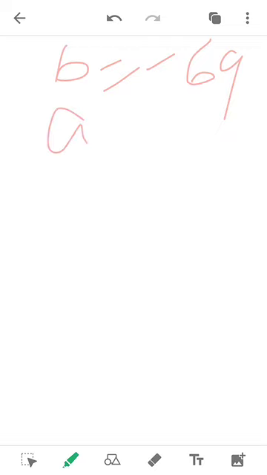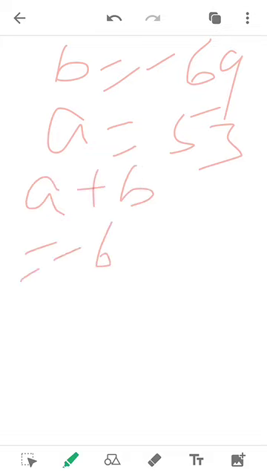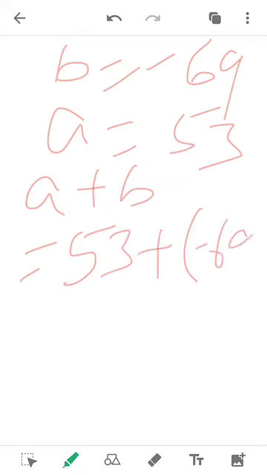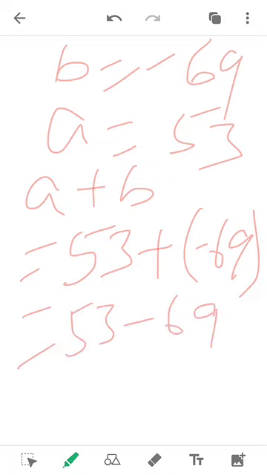We have a number a is equal to 53. 53 plus minus 69 is minus 16.